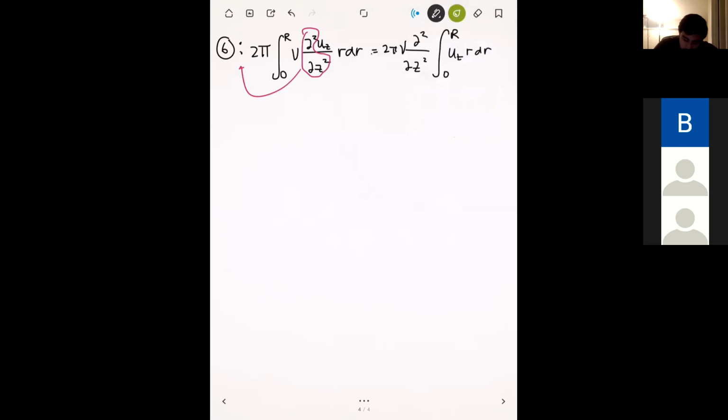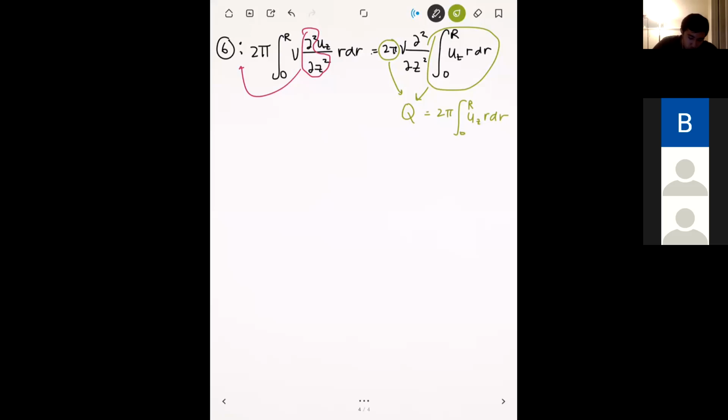And then from here, what we can see is that we have a 2 pi here, and we have this integral right here. Okay. And these guys combine to make q, right? So remember, our q is defined as 2 pi integral from 0 to big R of uz r dr. And so that's exactly what we have here.